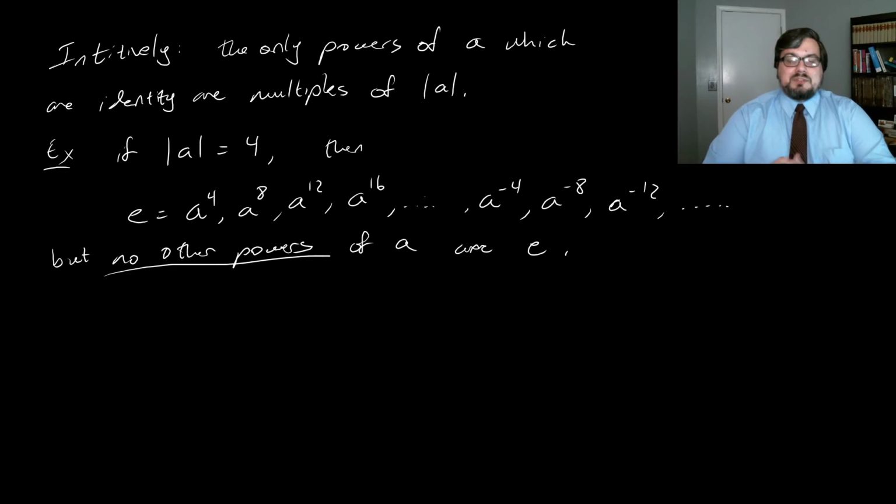So the only powers of A that give the identity are the ones that are multiples of 4. And I should probably throw A to the 0th in there because that's certainly the identity also.